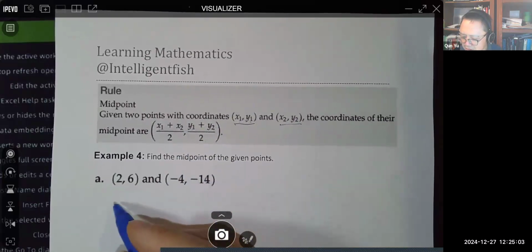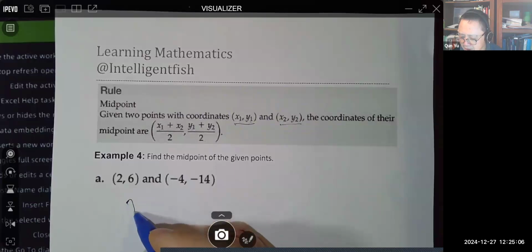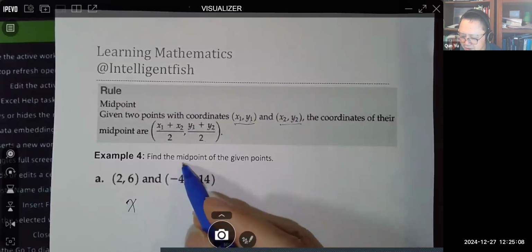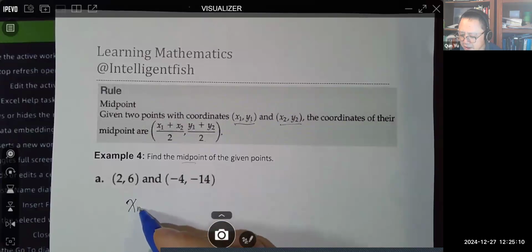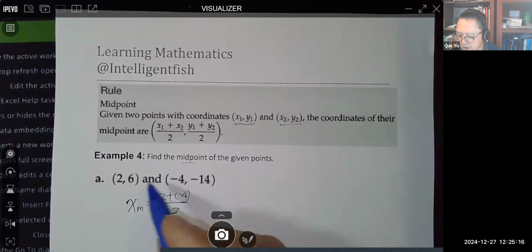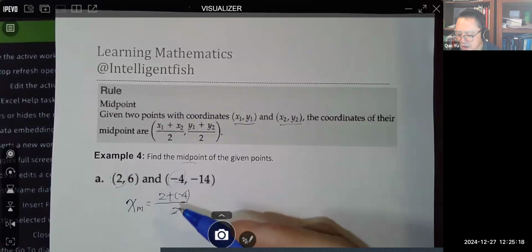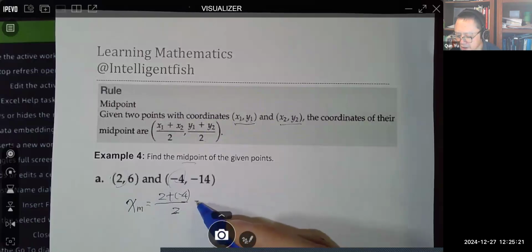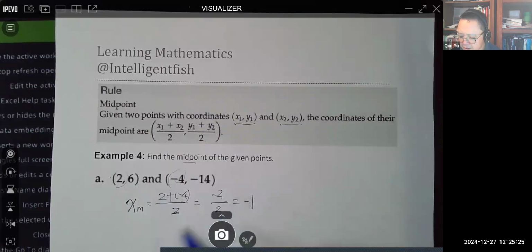So now let's just do that. X midpoint. Let's use m to represent the middle, equals 2 plus -4 divided by 2. That's x plus x divided by 2, the horizontal average. So this is -2 divided by 2, that's -1.